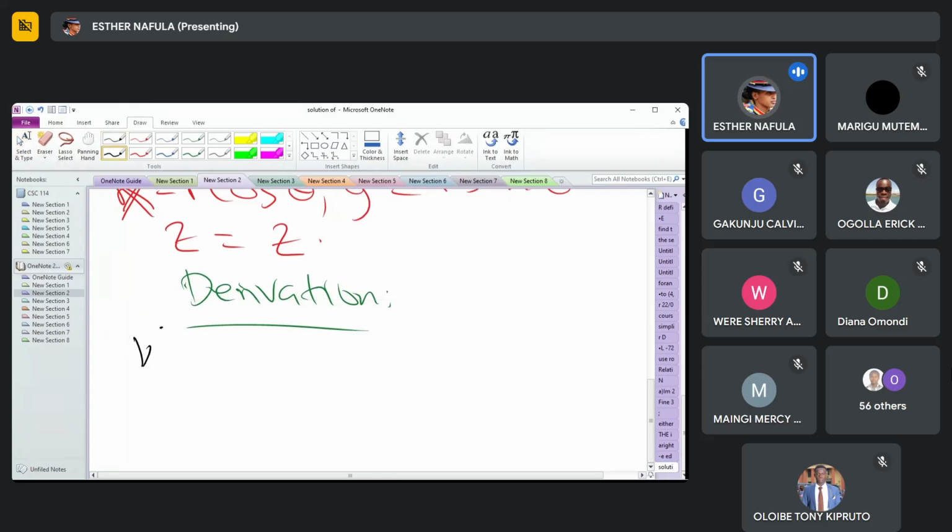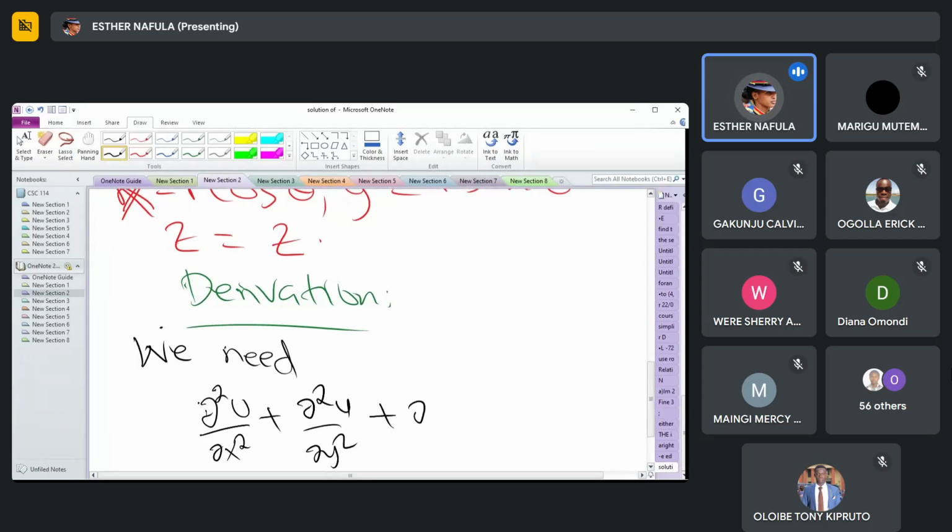So yeah, we need this because the Laplacian in 3D in Cartesian coordinates is given as partial squared u partial x squared plus partial squared u partial y squared plus partial squared u partial z squared equals 0. So we will need these expressions in cylindrical coordinates.